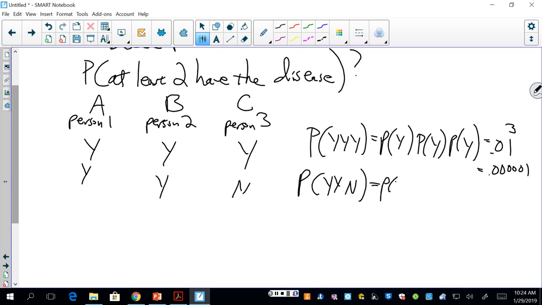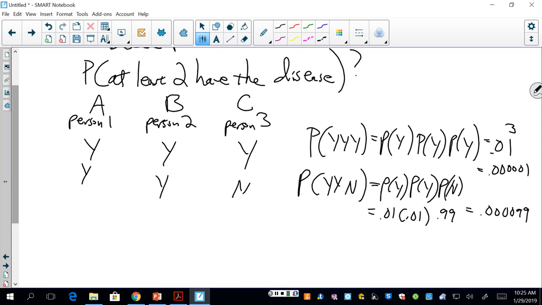So the probability of yes for the disease, yes for the second person, and then a no. It's 1% for these two that are yeses. The probability that the person does not have the disease is 1 minus that, 0.99, so it's going to be 0.000099. Still small, but a lot bigger than all yeses.